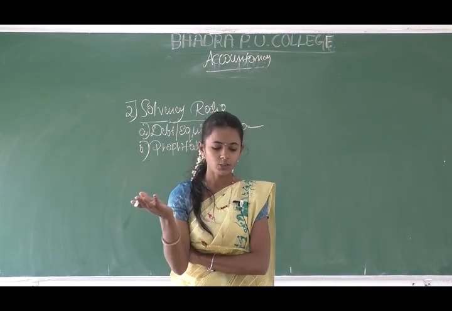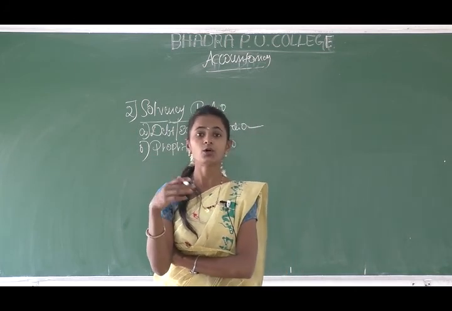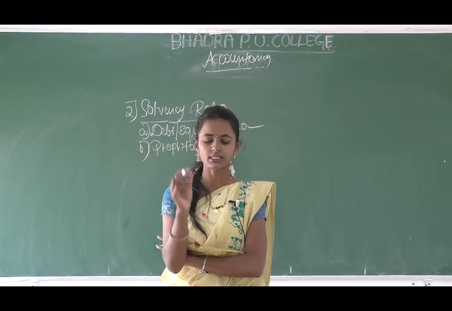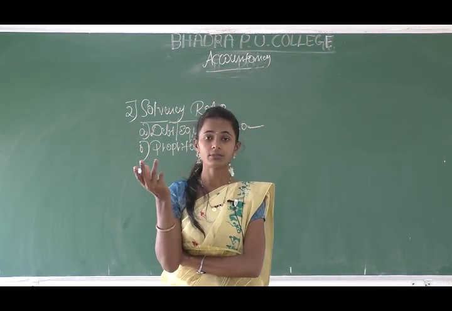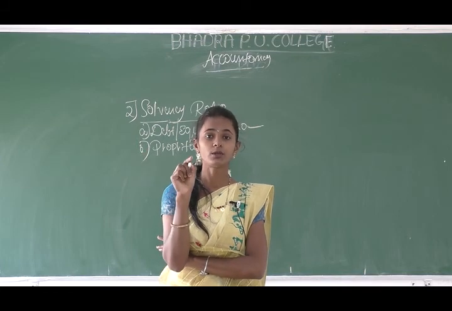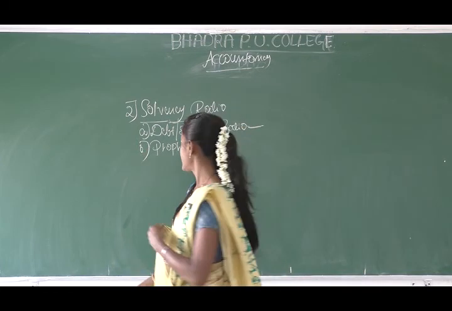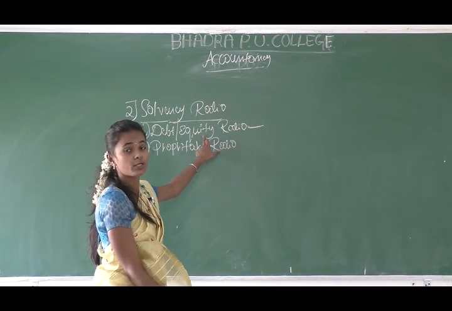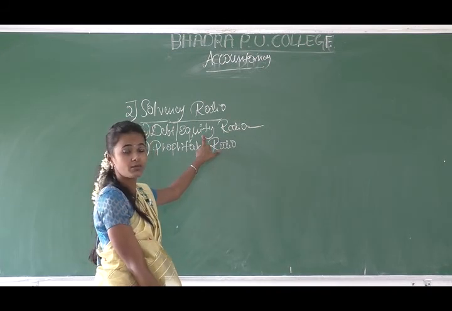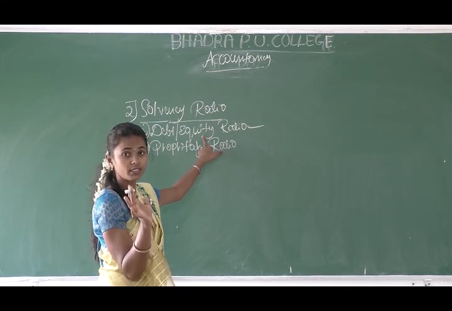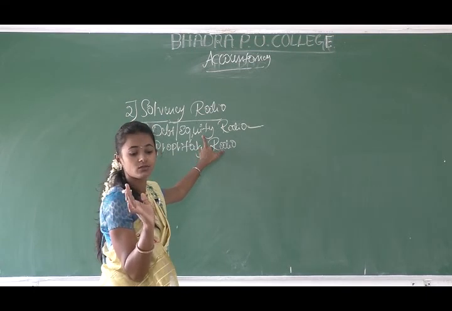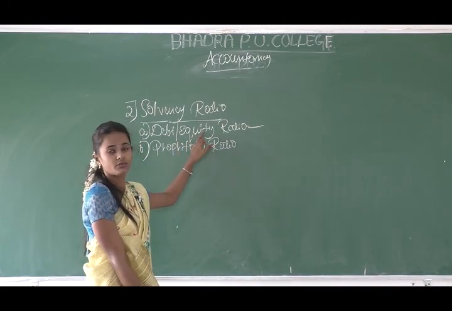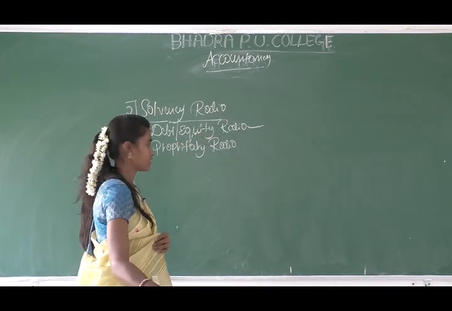To calculate the debt equity ratio, we have a formula: debt equity ratio is equal to long term debt divided by shareholders fund. I told you that when we say equity, the shareholders fund comes in. Equity is a combination of equity share, preference share, and reserves and surplus. When we add these, we get the equity. Now I will write the formula.